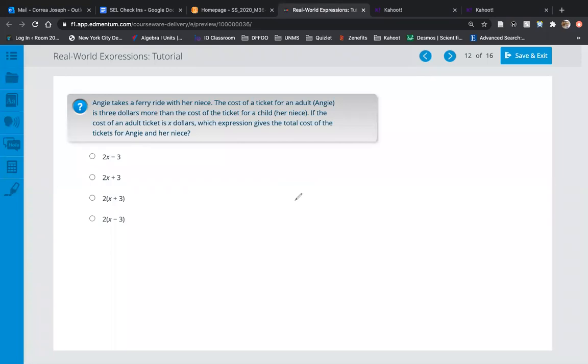That was time. I'm seeing a mixture of answers here. Some people said A, some people said the second one. I don't think anybody said the bottom two, which is good. So nobody said this one here.